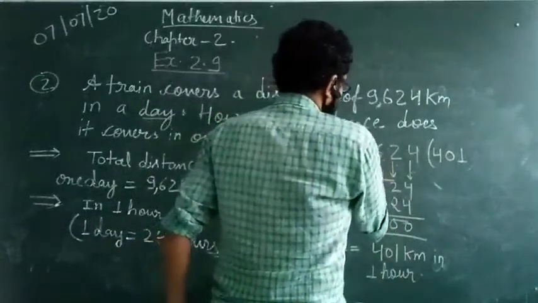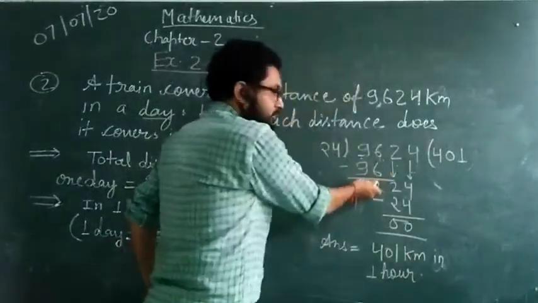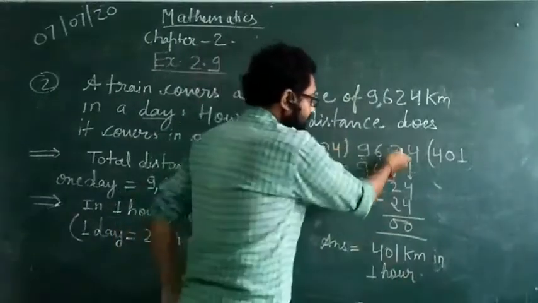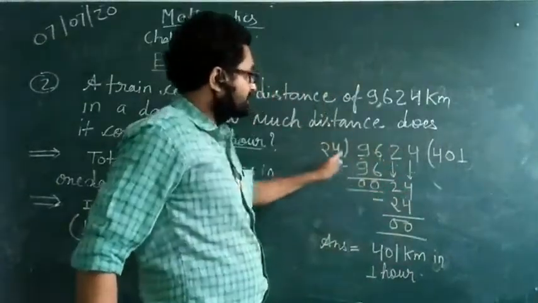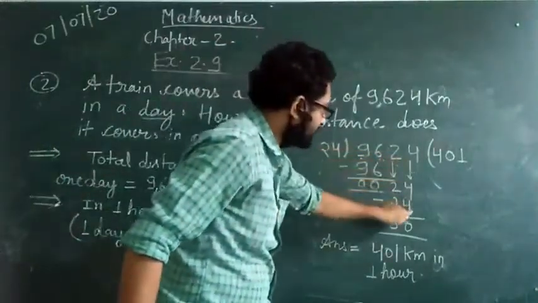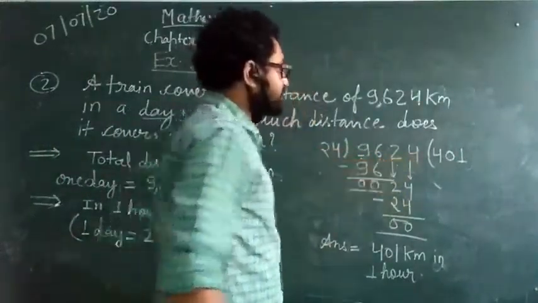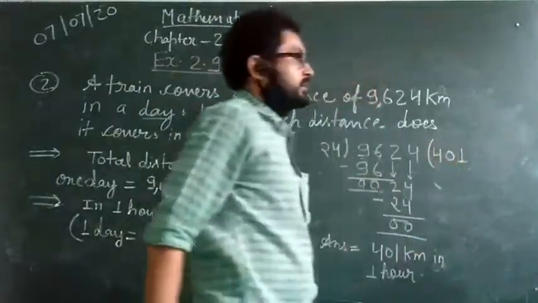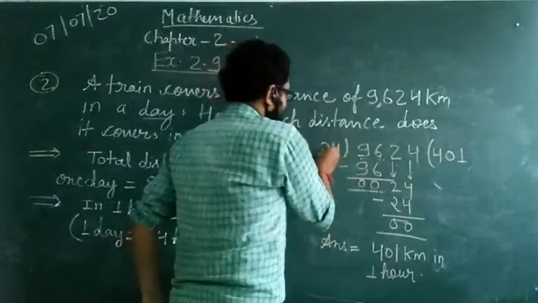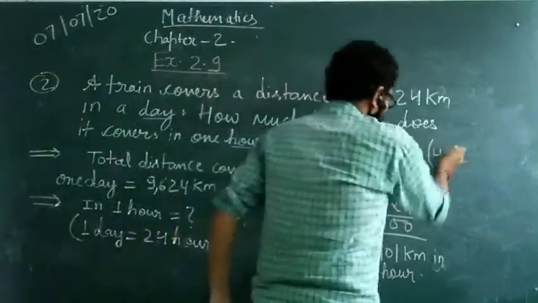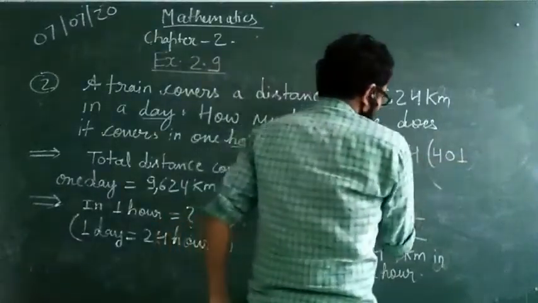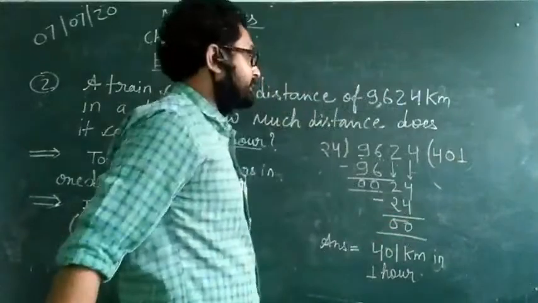Now there is no more value to divide. 0 is smaller than 24, so we take the 2 also, but 2 is still smaller than 24, so we take the next digit as well. When we take the digits together, we put 0 in the quotient, then we read the table. 24 in one time is completely 24. 24 minus 24 is 0 remainder.